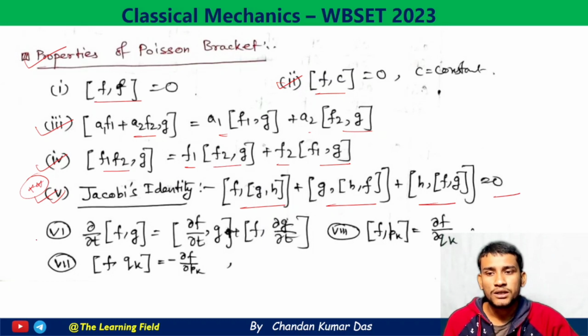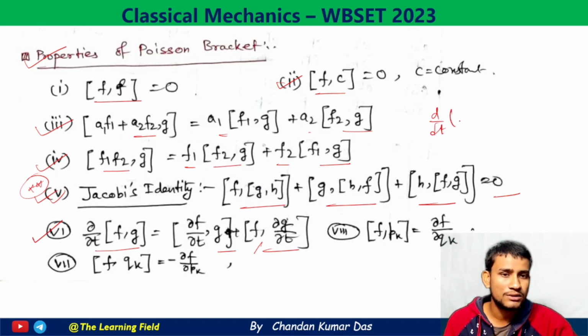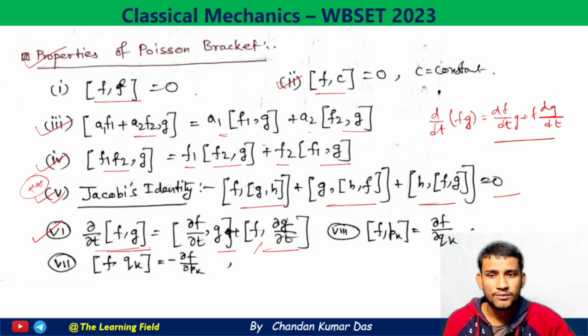Okay, for f, g, h brackets, the sum of the three cyclic terms is equal to 0. The sixth one is del/del t of [f, g], and if we take the derivative, this is equal to [del f/del t, g] plus [f, del g/del t]. This is simply like the product rule of derivatives. And number 8, d/dt of [f, g], is [df/dt, g] plus [f, dg/dt], same as in the del t of the bracket.